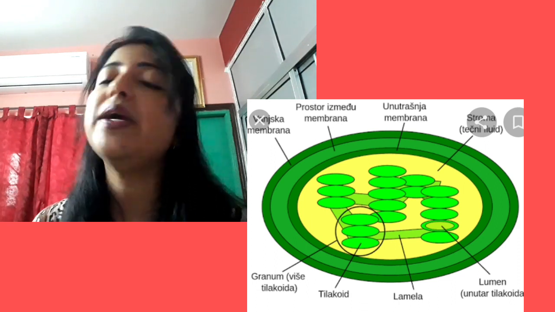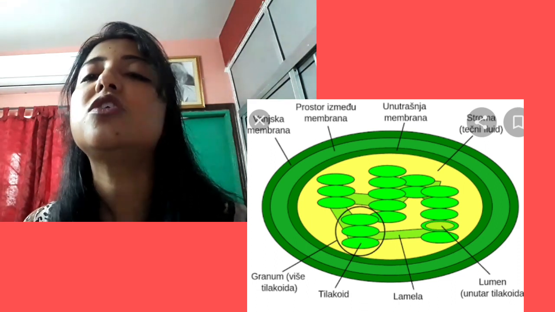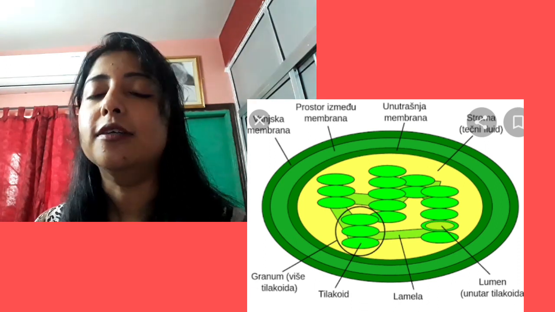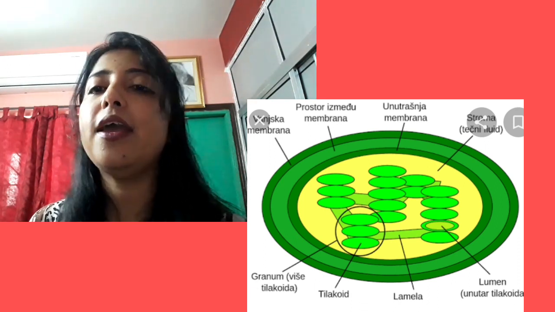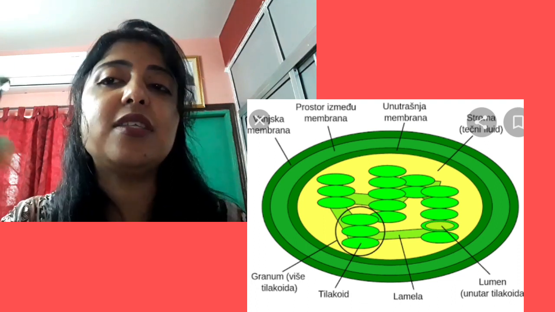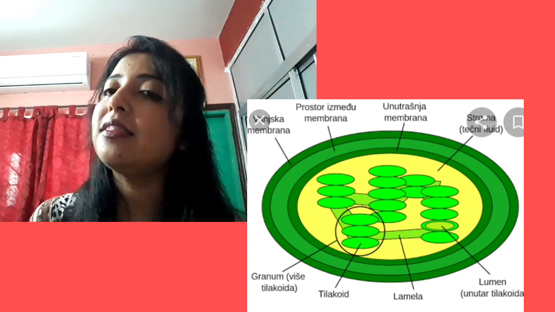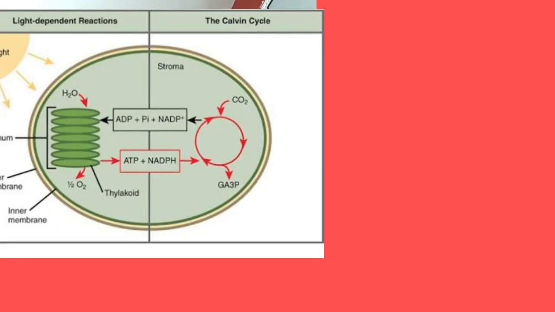It will be activated by the photon rays of sunlight, mainly the red and blue color. And I told you chlorophyll A and B are very active for these kinds of plants. But in lower classes of plants, other chlorophylls are also activated. But here, chlorophyll A and B are very important. Clear? So first, activation of chlorophyll.